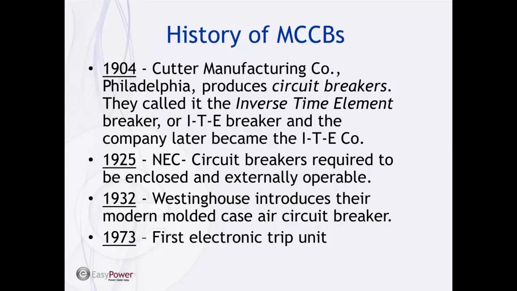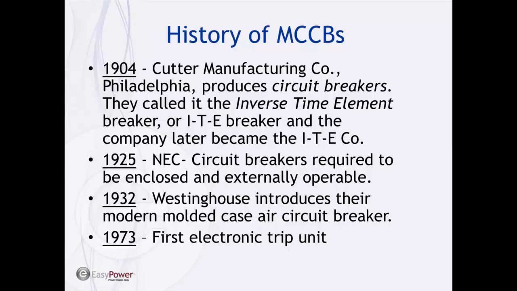And so back in 1925 was the first National Electrical Code revision that required circuit breakers to be enclosed and externally operable, so getting away from the knife switches and exposed live parts. So that was the trademark of the molded case breaker.